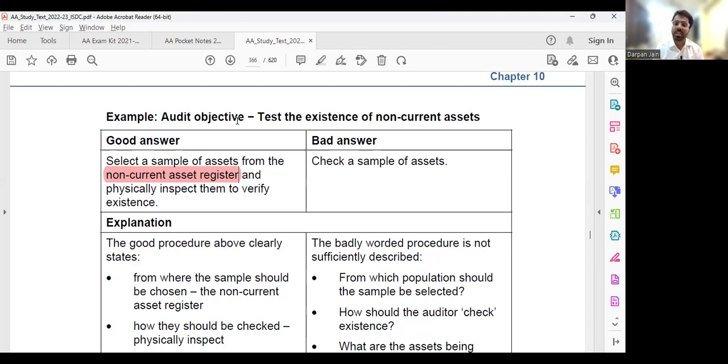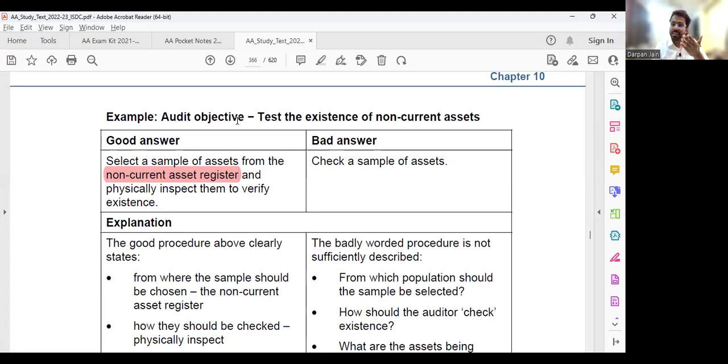That is a non-current asset register. Basically, the company is maintaining a register where they keep the details of all the different fixed assets that they have. All the different plant and machineries, all the different buildings, the details of that, along with their location and values, will be given in a non-current asset register. So what should you do? You should get that non-current asset register first from the client.